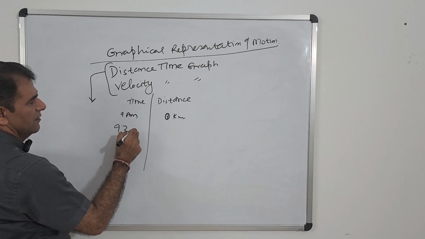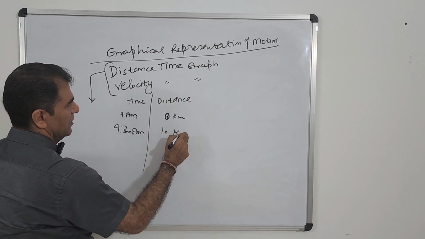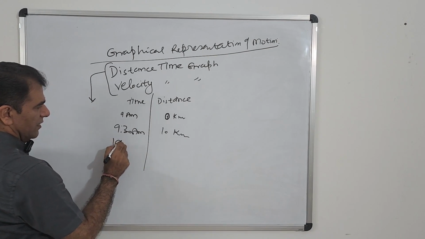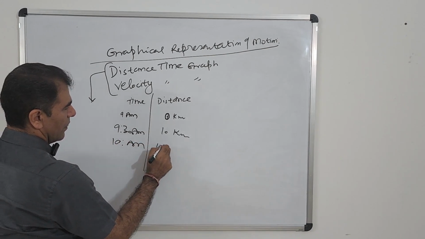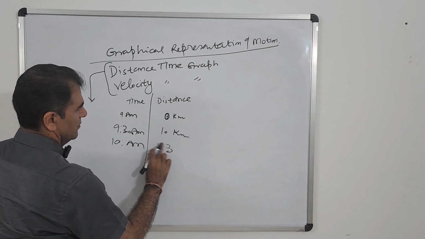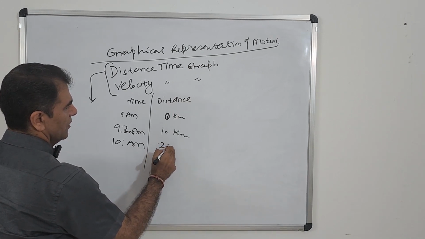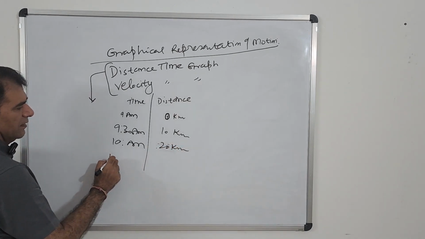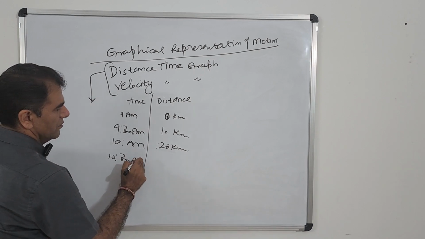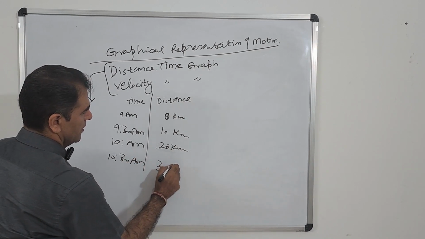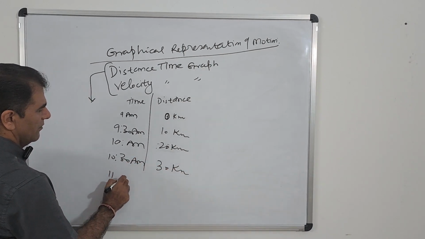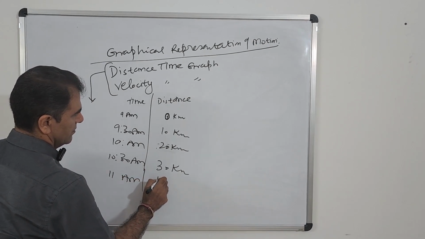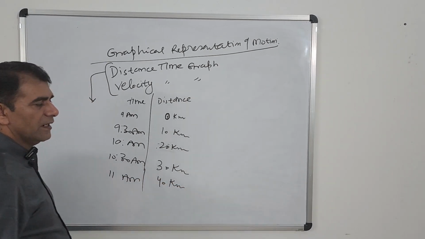At 9:30, it is 10 kilometers. At 10 a.m. it is 20 kilometers. At 10:30 a.m. it is 30 kilometers. And at 11 a.m. it is 40 kilometers, right?